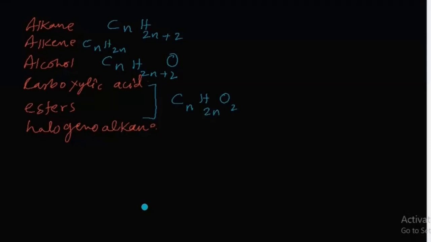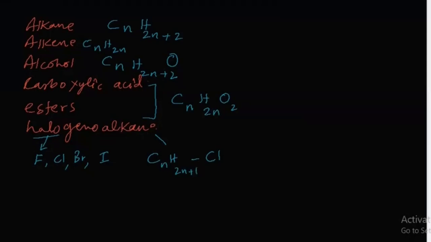Then for halogenoalkane, halogens, you know that the halogens are the group 7 elements. It may be fluorine, chlorine, bromine, iodine. Okay, for the general formula of halogenoalkane, if you have a halogen like a chlorine, you can attach here, you can write like CnH2n plus 1, and then chlorine.